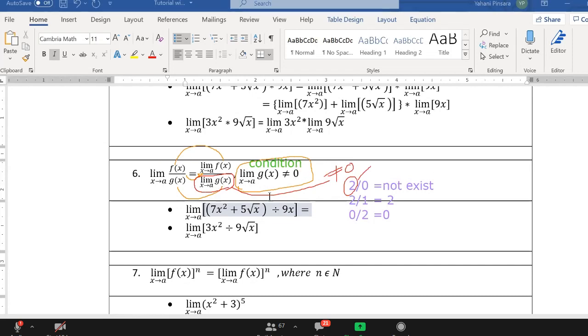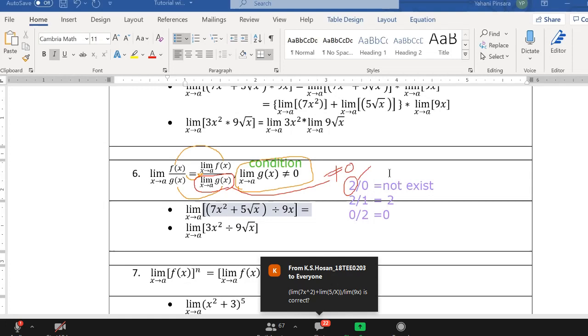This type of condition wasn't there in the above laws, right? We have applied this condition because when any value is divided by 0, the answer doesn't exist.